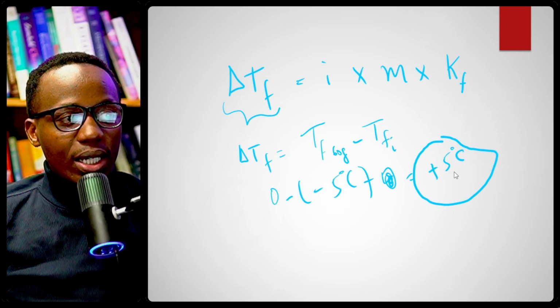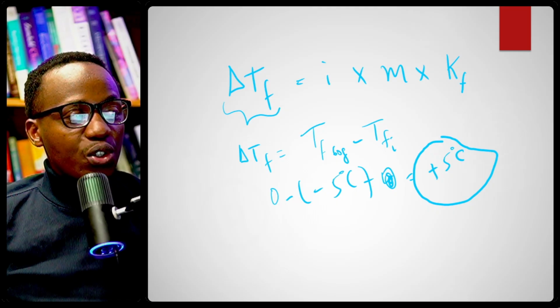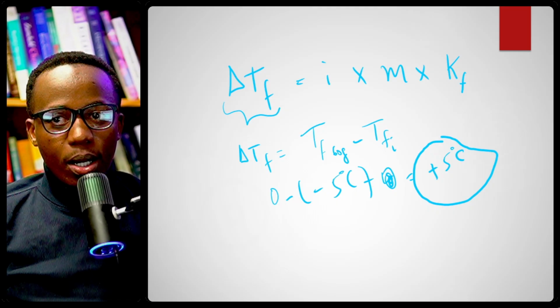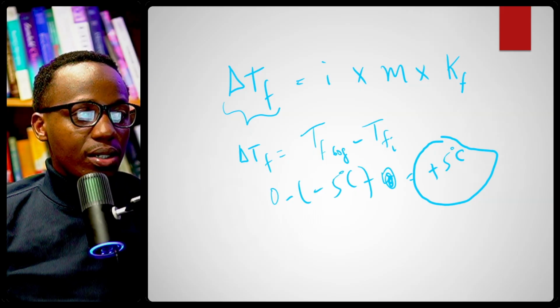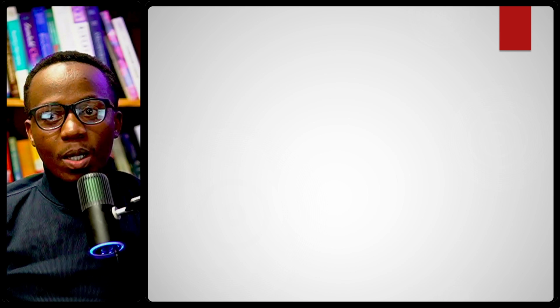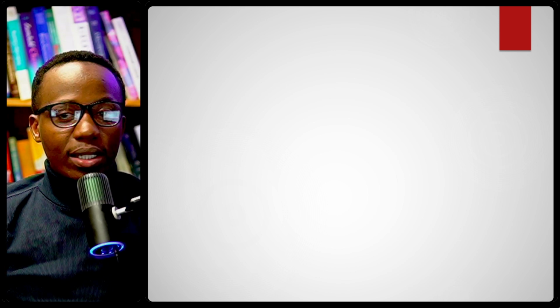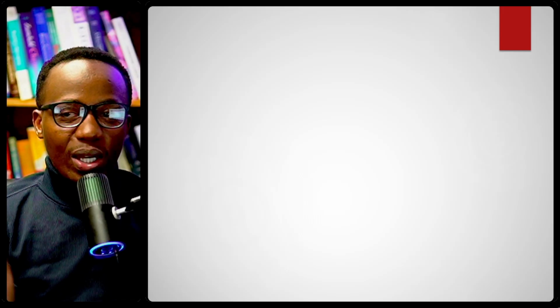But after you get delta TF, I want you to be able to measure the molecular weight. The molecular weight will be our major calculation in this lab. And I want everybody to follow me so that you can be able to do this, right? So look at this.